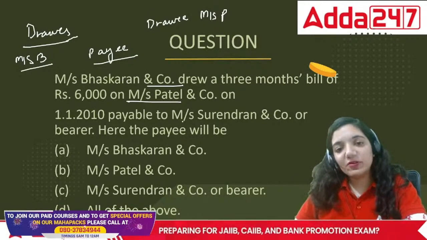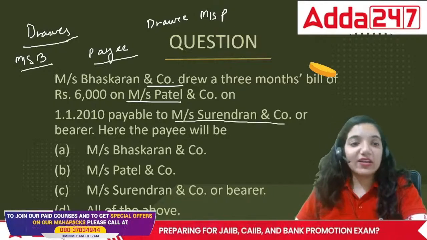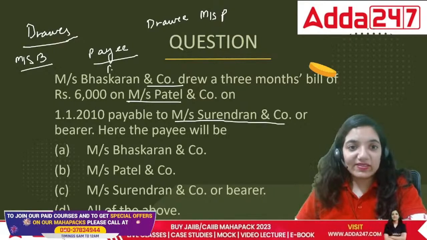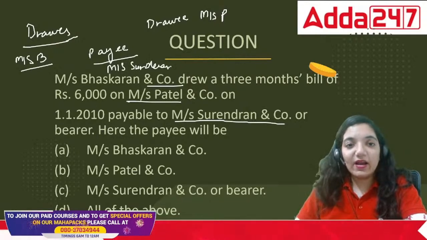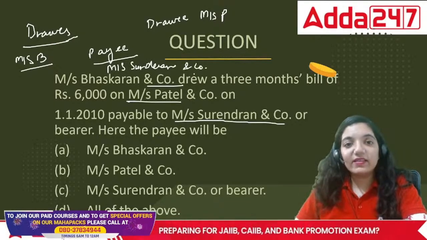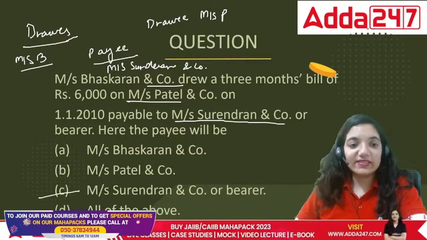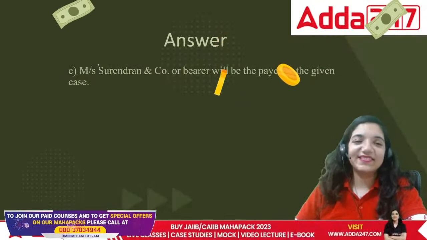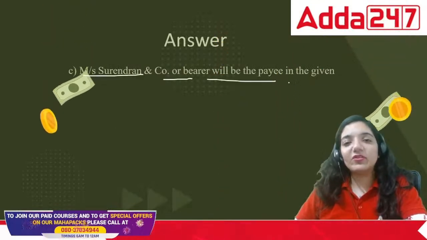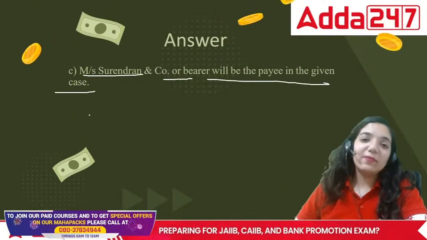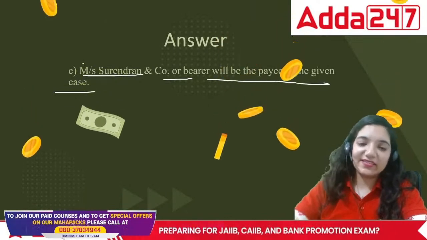He gave this particular bill to Messrs. Sundaran and Co. So Messrs. Sundaran and Company are basically the payee. So the correct answer is C. Mr. Sundaran and Company or the bearer will be the payee in the given case.